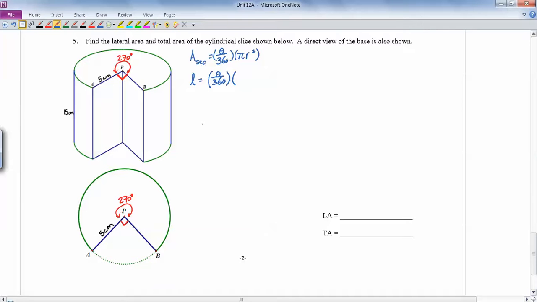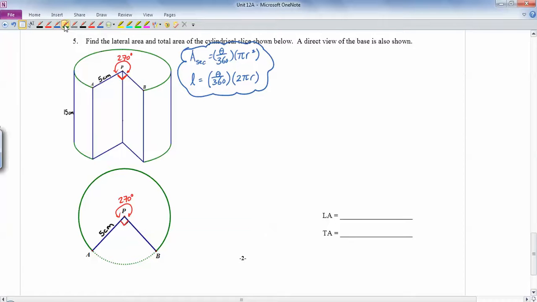Instead, it's a fraction of the total distance around the circle, 2 pi r. Okay? So this I'm just going to put in a bubble and turn into a cloud, and we'll come back to it. Okay. So let's see.